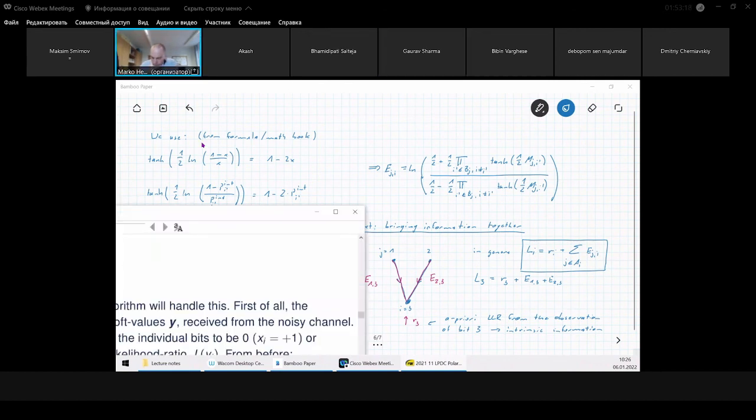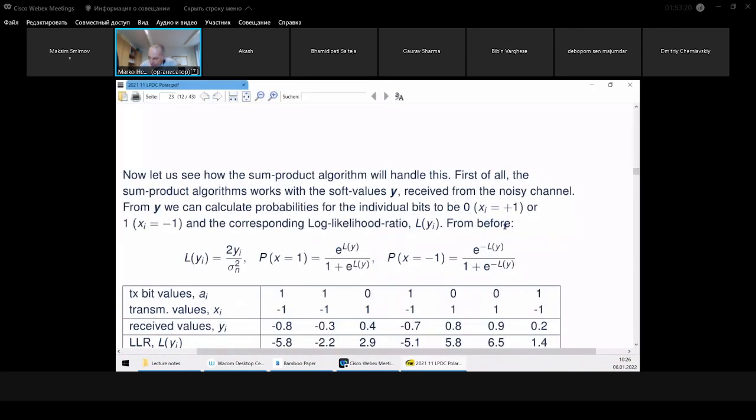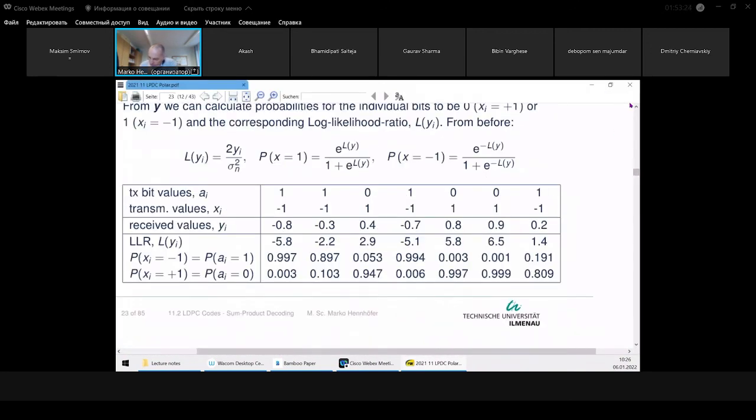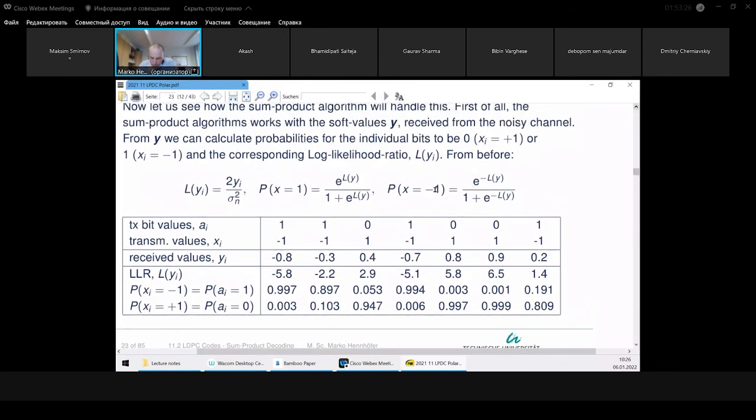Yes, so let me draw up this example with the numbers again. We transmit bits mapped to plus minus square root of E_c, plus minus 1 in this case. We have some noise and we have noisy observations here. And basically the LLR that we just get from our noisy observations would be the R3.